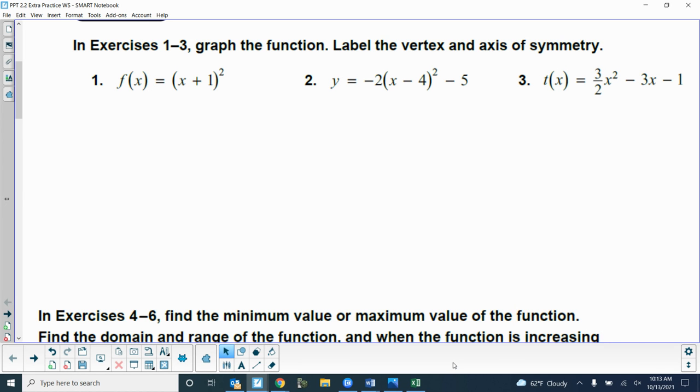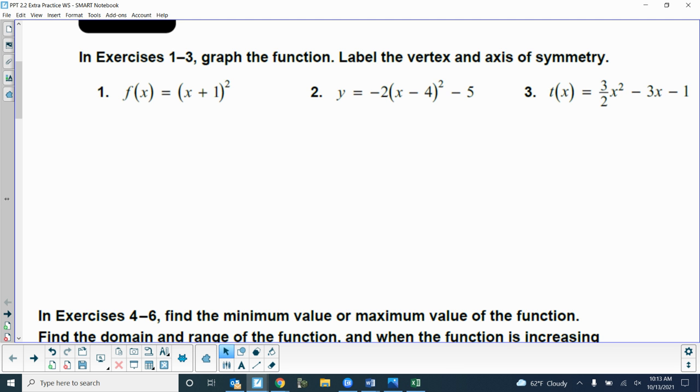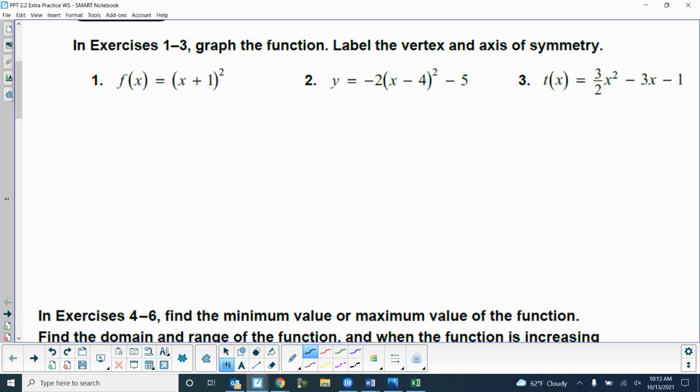All right, so it says graph the function, label the vertex and axis of symmetry. Number one, just looking at it, you can tell what the vertex is. It's in vertex form. So what's the x value of the vertex?